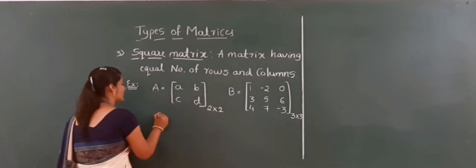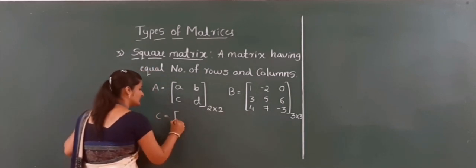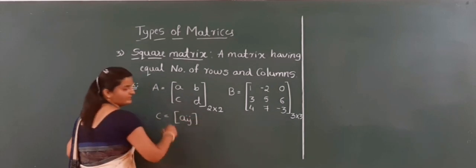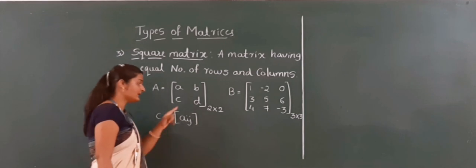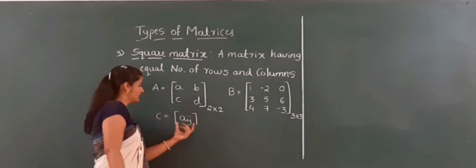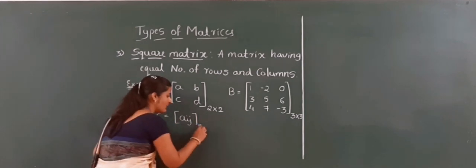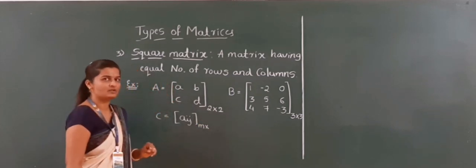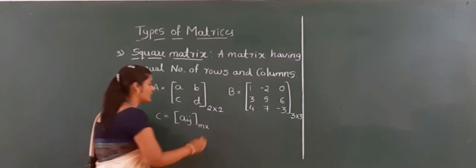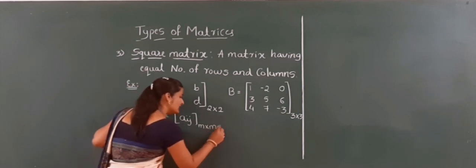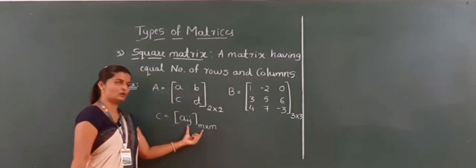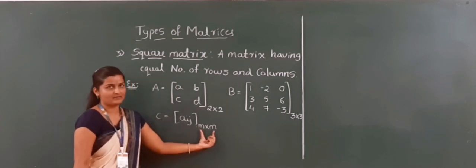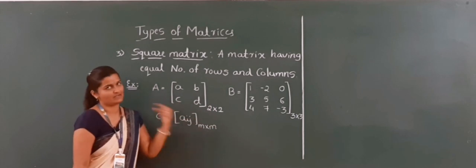So generally how can we write the square matrix? a_ij, these are the elements. For a square matrix we require the order, not the elements. So if the number of rows of this matrix is m, what will be the number of columns? To be a square matrix, the number of columns should again be m. So this is known as the order of a matrix as m by m, and this is our square matrix.